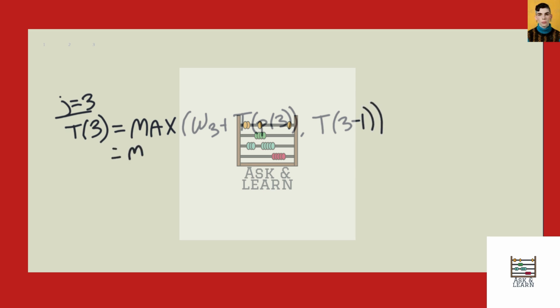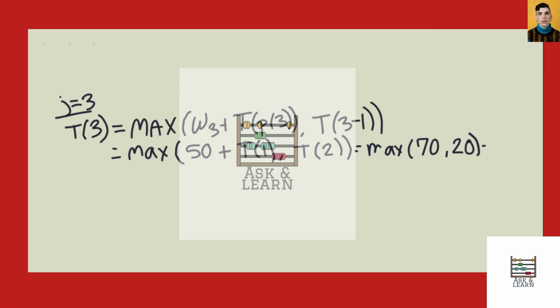Okay, so this will give us the maximum of 50 plus T1, the talk it was compatible with, or T2, okay, which is the max of 70 or 20, and so that is going to be 70.